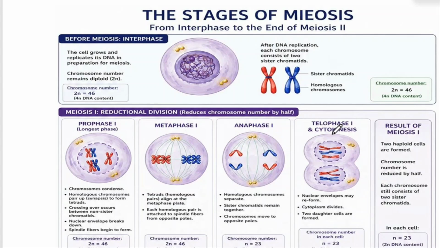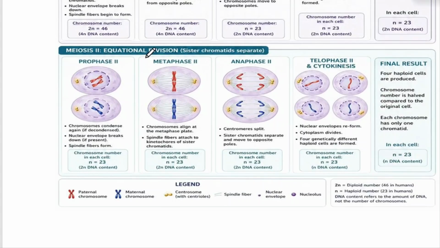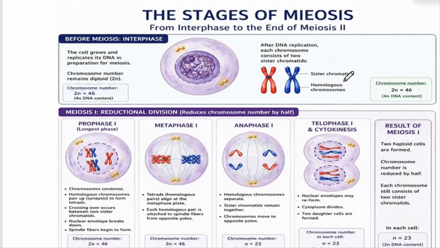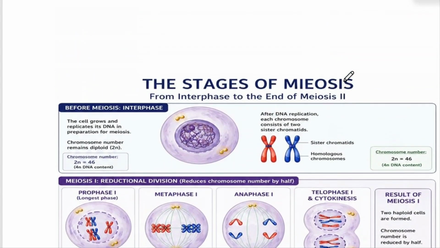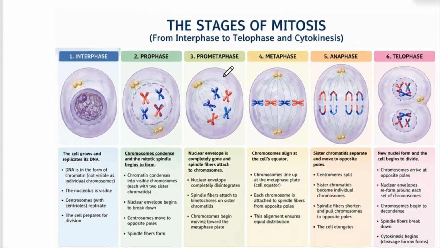Meiosis 2 is the equational division, which is divided into prophase 2, metaphase 2, anaphase 2, and telophase 2. Mitosis, by comparison, has only interphase, prophase, prometaphase, metaphase, anaphase, and telophase.